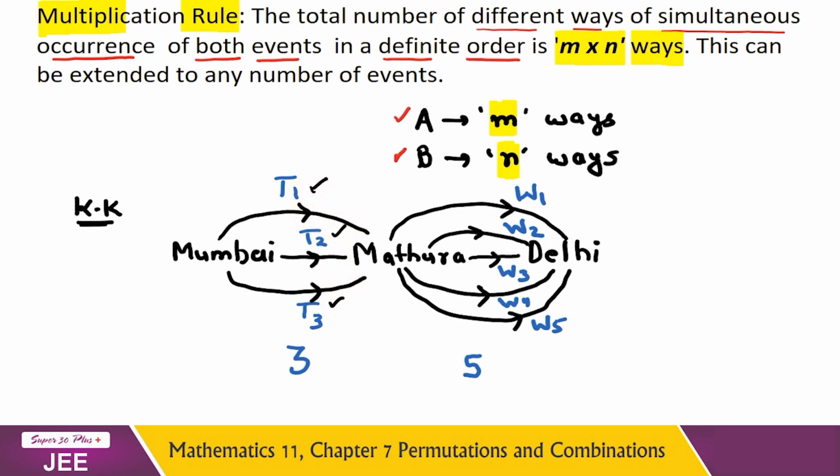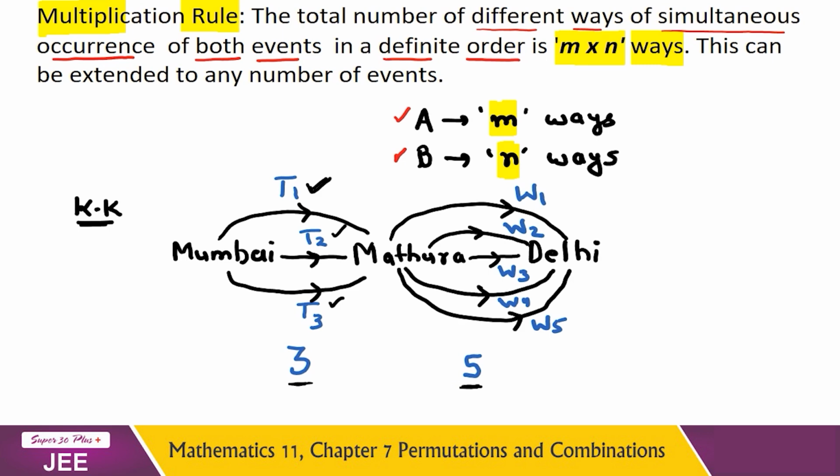And since exactly one of these 3 ways is to be chosen, I am going to add 1 plus 1 plus 1, which gives us 3. And also, in order to go from Mathura to Delhi, she has to choose exactly one of these 5 ways. That is why I have added 1 plus 1 plus 1 plus 1 plus 1. So we are getting 5 ways. Alright. So far we have used the addition rule.